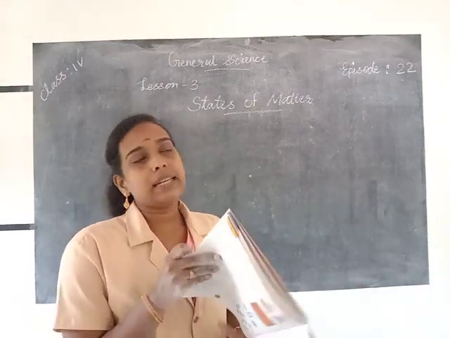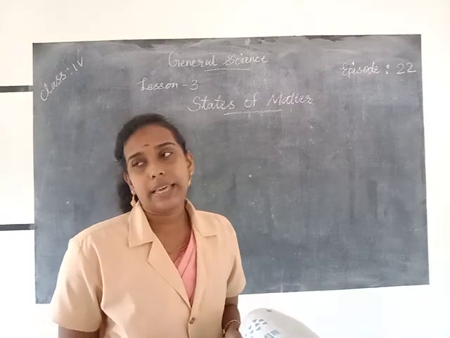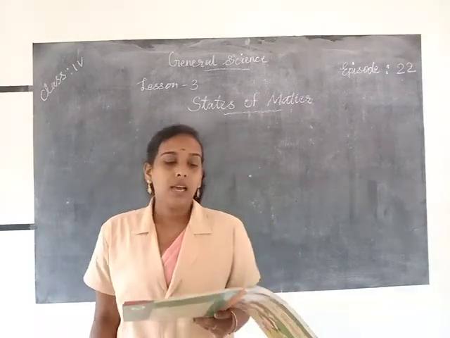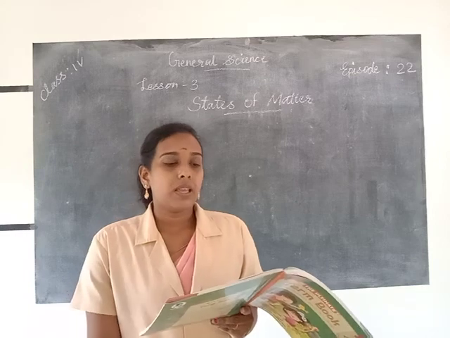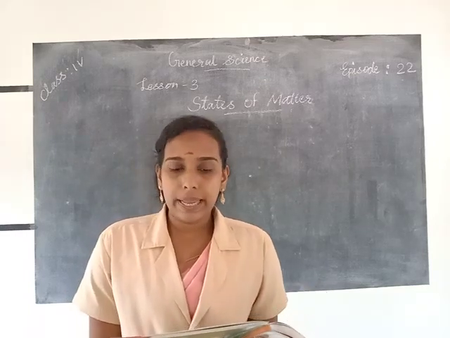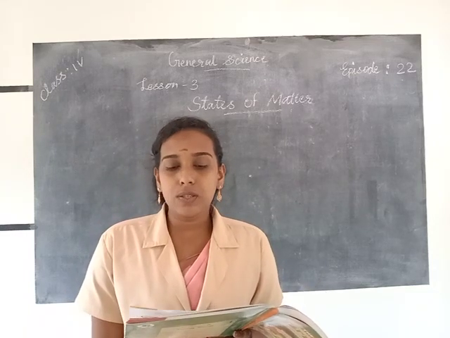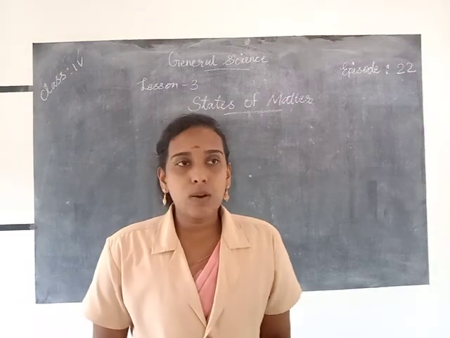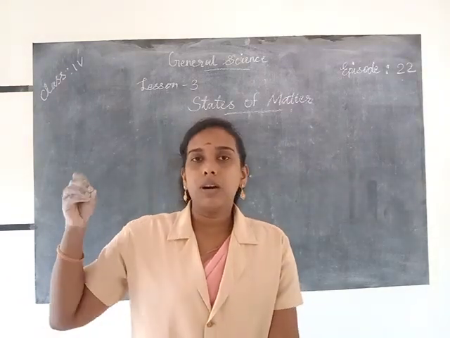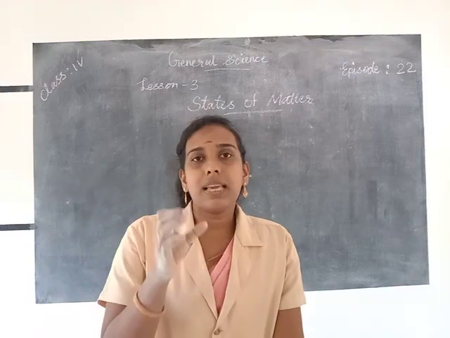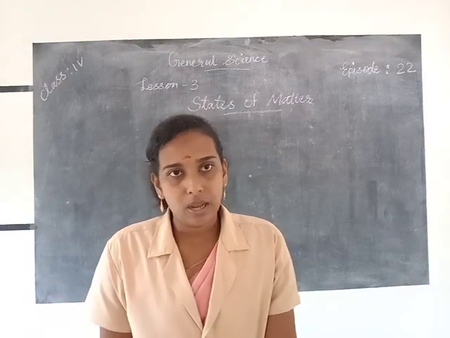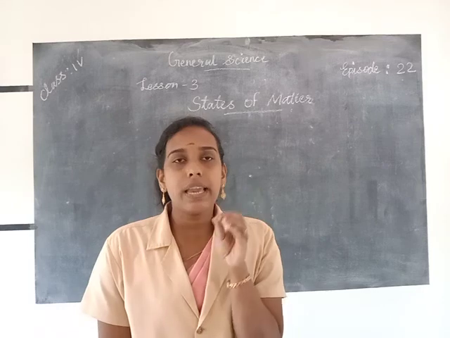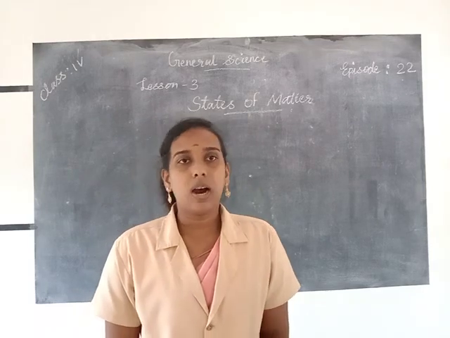Then the third state is gaseous state. So gases. If you boil water in a pan, it changes into water vapor, which is a gas. So if you take some water and if you heat the water, then it changes into water vapor. And water vapor is the gaseous form of water.